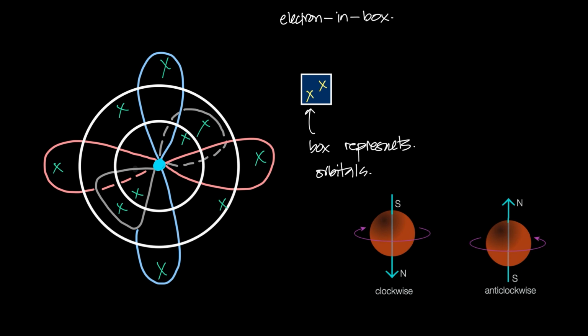But the idea is that the 2 electrons in this space are spinning in opposite directions, which means they have exactly opposite magnetic fields. And so what we do is we end up representing the electrons not with crosses, but with arrows. And the arrows represent the state they're in. So either they'll be pointing upward or pointing downward. So in an orbital, we won't have 2 x's. So we'll start seeing electrons as arrows in these boxes.